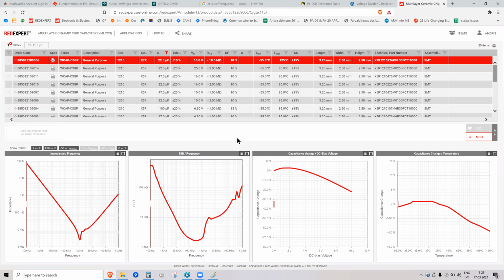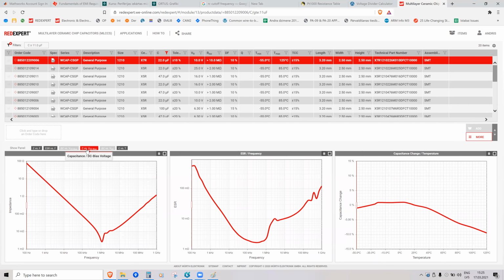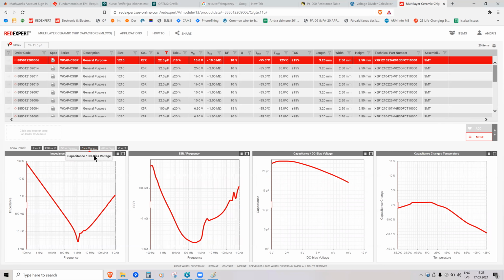And good manufacturers don't hide this fact, they are open about it. For example, at Wurth Electronic, you can check this capacitance versus bias voltage, and they show you that at low voltages under 3 volts, it's normal. But if you apply a larger voltage, the capacitor's dielectric material gets compressed.